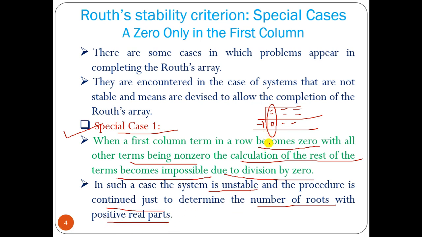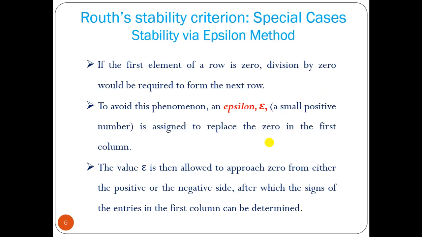We have to find the other coefficient values and how many roots are in the right half plane. This is the special case, which we can solve via the epsilon method.